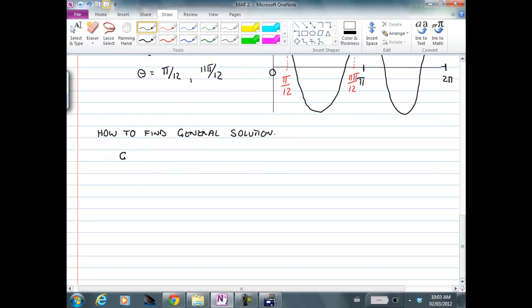General solution equals your first true solution plus n period. It could be minus if you want, but we always do plus because it goes from 0 to 2 pi.